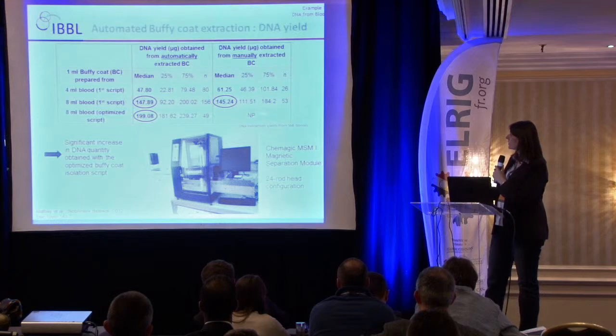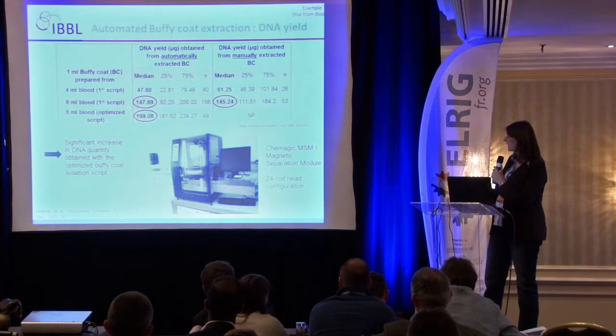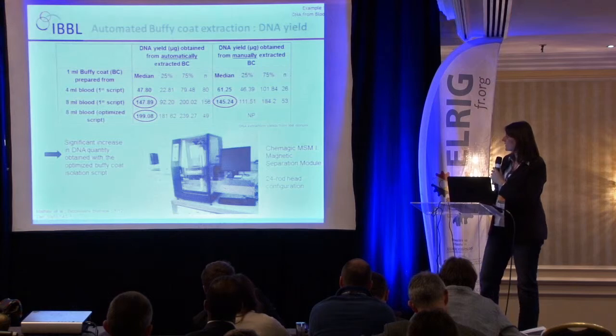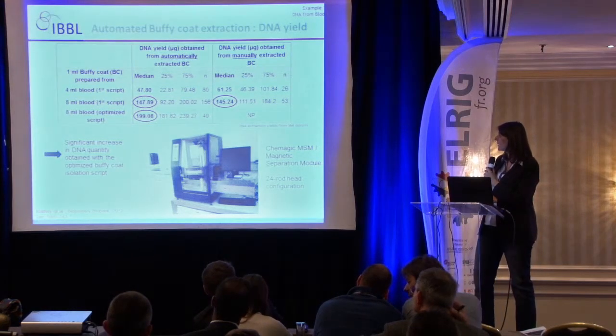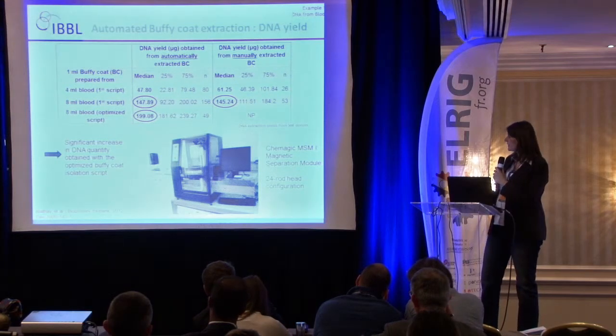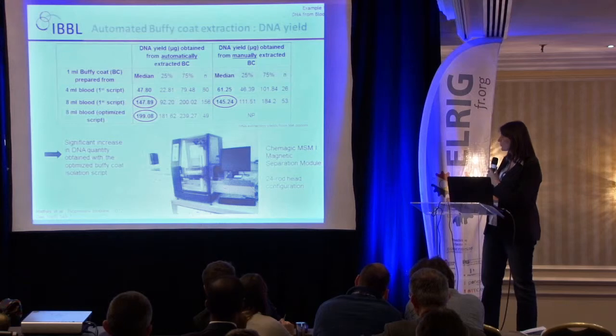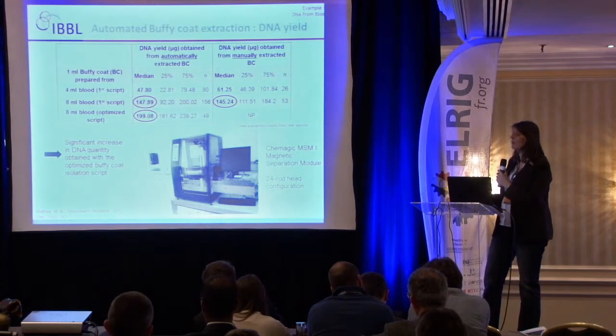So this was even more than when the buffy coat is prepared manually. So what we can say as a conclusion, coming from 364 donors, is that there's a significant increase in DNA quantity obtained with the optimized buffy coat isolation script. These data, together with other data which I don't have time to show today, were also published in 2012 in the Biopreservation and Biobanking journal.